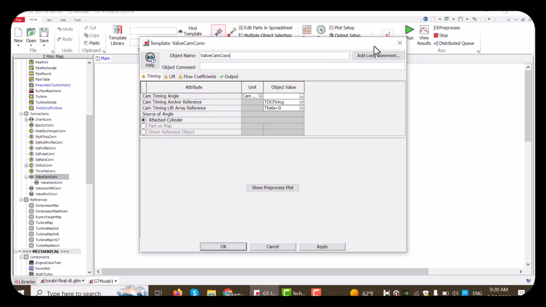Here we have many features about cam timing angle. This parameter defines the angular position of the cam event relative to crankshaft rotation, and it determines when the valve starts opening, when it reaches maximum lift, and when it closes.